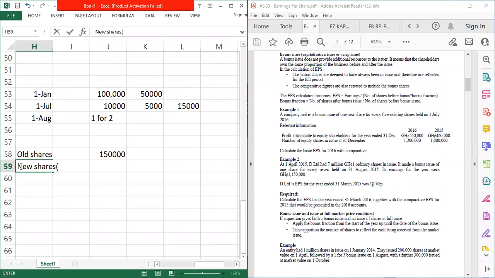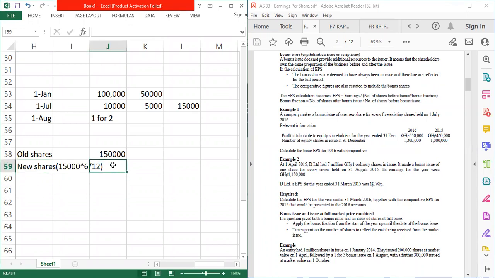The bonus issue, we're also going to proratize for 6 months, because these shares that we are doing the bonus issue on were not in issue from the beginning. They are in issue from July. So the bonus issue will also take effect from July. So what we do is that it will be 15,000 times 6/12 for it. This is how we do it if there's a bonus issue and a full market price issue combined.